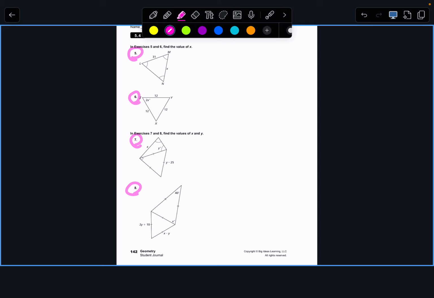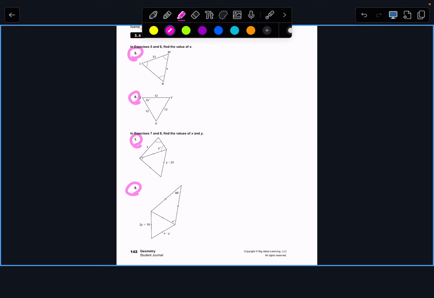Okay, wait, so it's 2y plus... Oh, it's x, not 30. Oh, wait, so let me figure this one out first. Oh, okay.